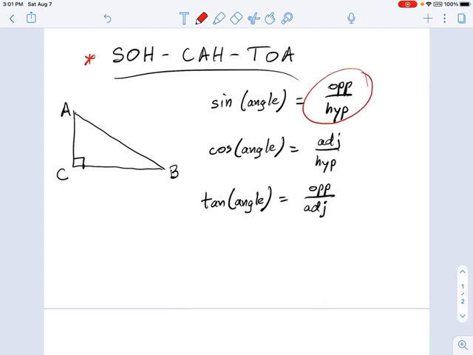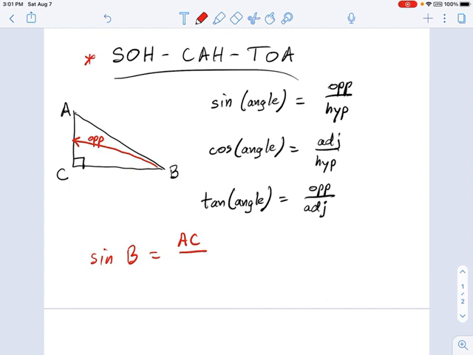Now what this part means over here, this tells you the ratio of legs of the triangle to do. Well, not always legs, sometimes it's the hypotenuse too. So we'll just start with this example right here. Let's start with that and say, what is the sine of b, right? This angle b right here. So I think to myself, okay, what is opposite b? Okay, so opposite is as far away as you can get. That's the opposite over there. So I would say sine of b equals AC.